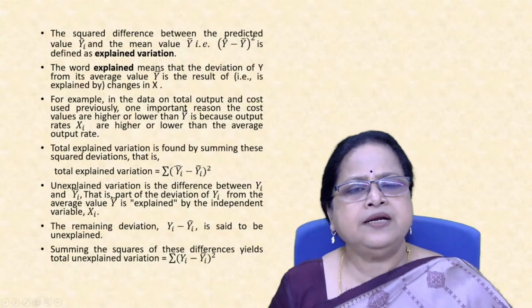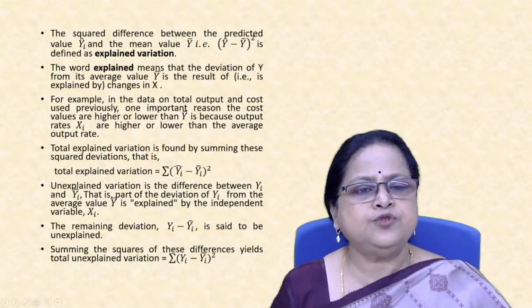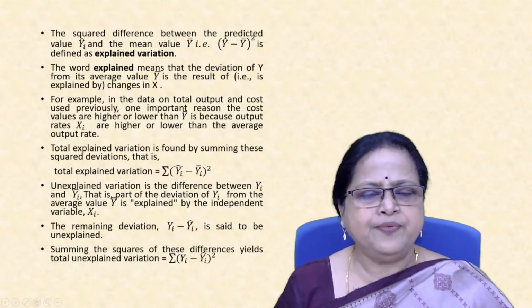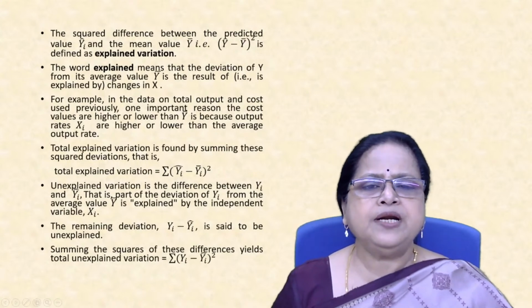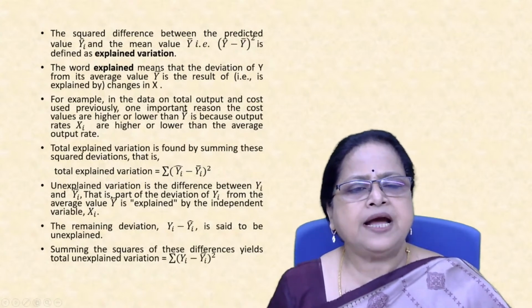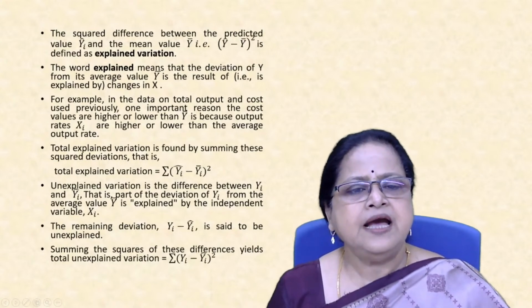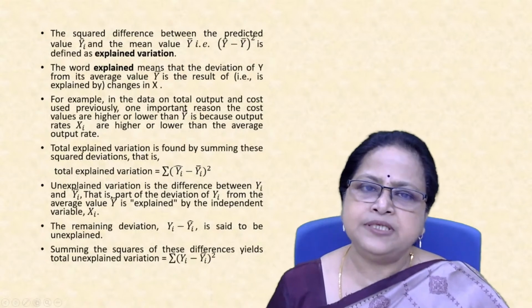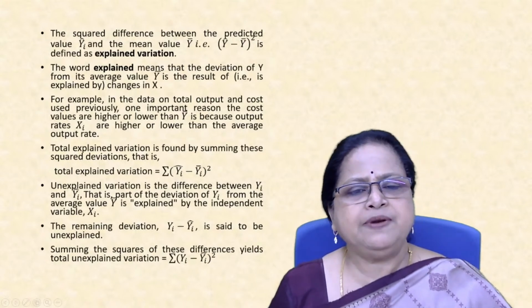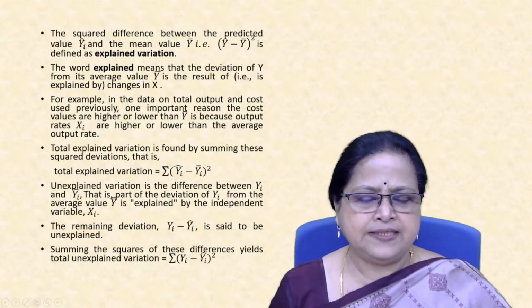For example, in the data on total output and cost used previously, one important reason the cost values are higher or lower than y bar is because output rates xi are higher or lower than the average output rate. Total explained variation is found by summing up all these squared variations.